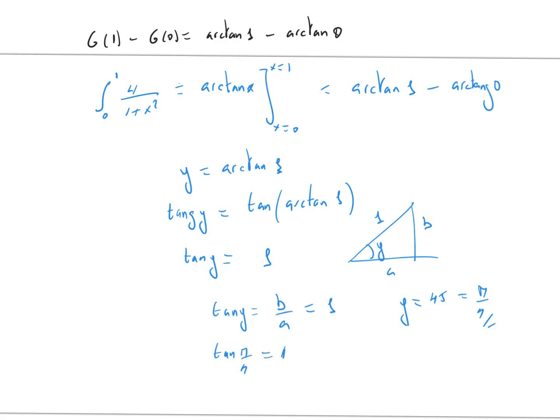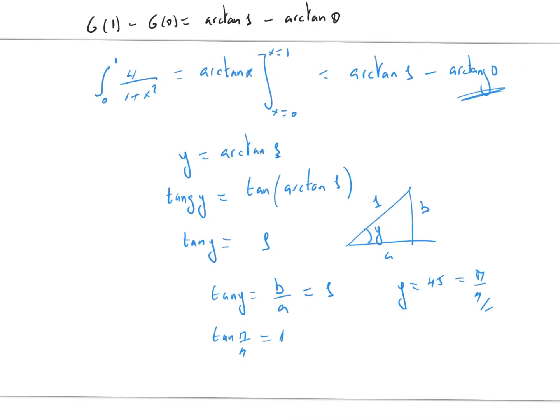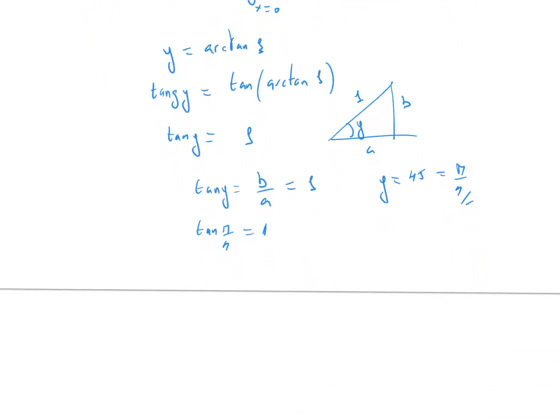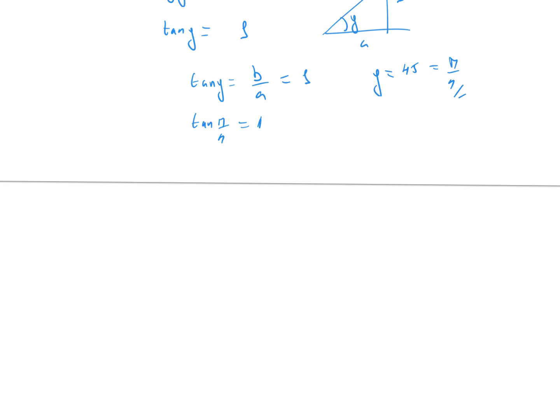How will I find arctangent of 0? I will do the same thing. I will write y equals arctangent of 0.